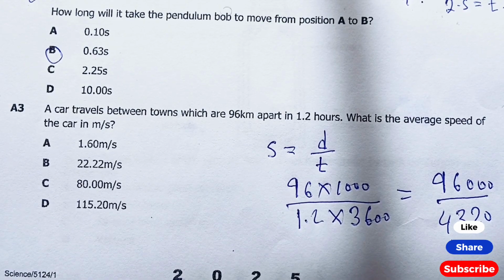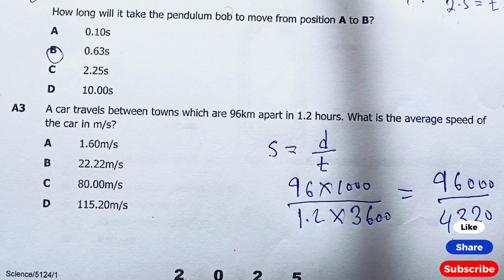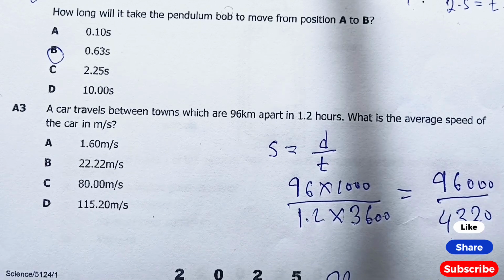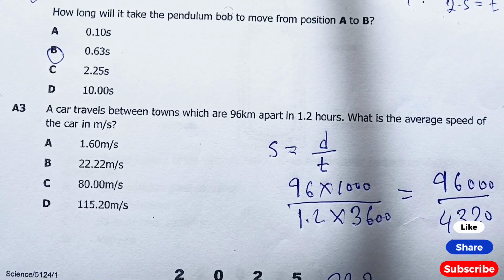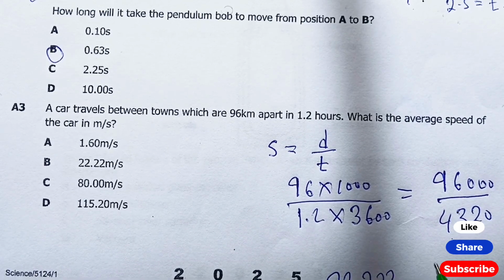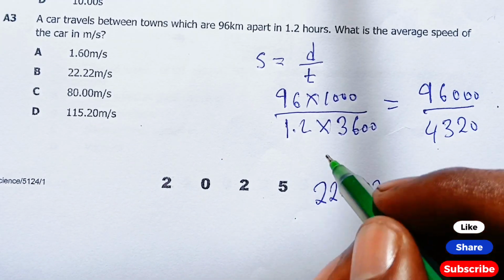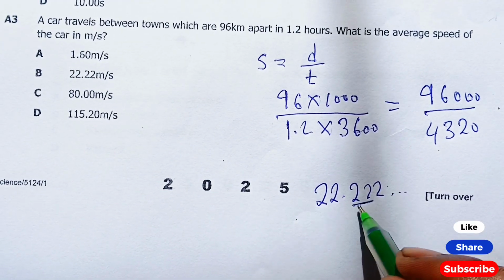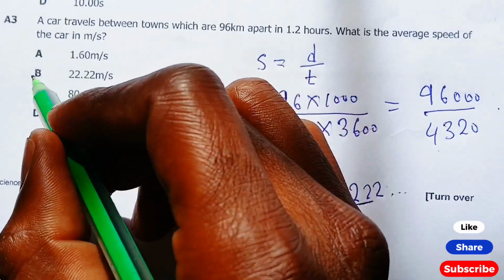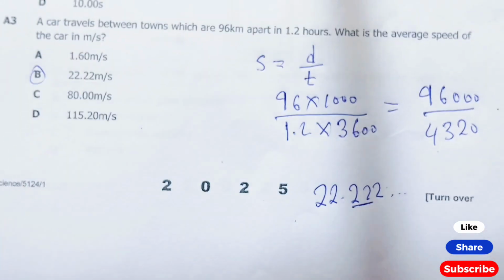It will give you 22.222, and it's not ending. So you just get it to 2 decimal places, 22.22, which is B also, the answer here.